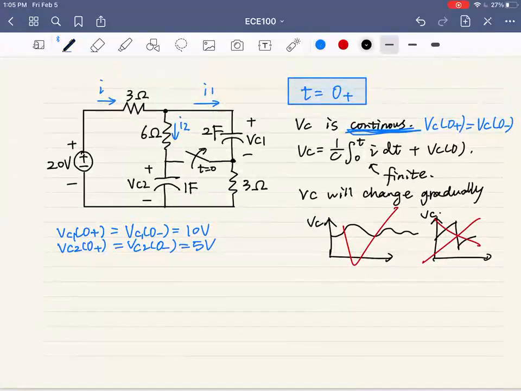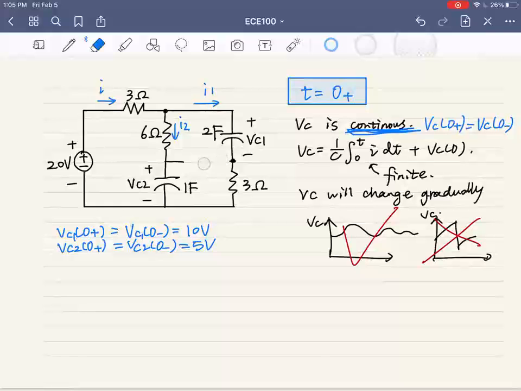And what about current? The current of a capacitance is finite, but it is not necessarily continuous. It can be continuous, but sometimes it is not. So let's be open-minded and see what it is. When the switch is opened, this branch will disappear.